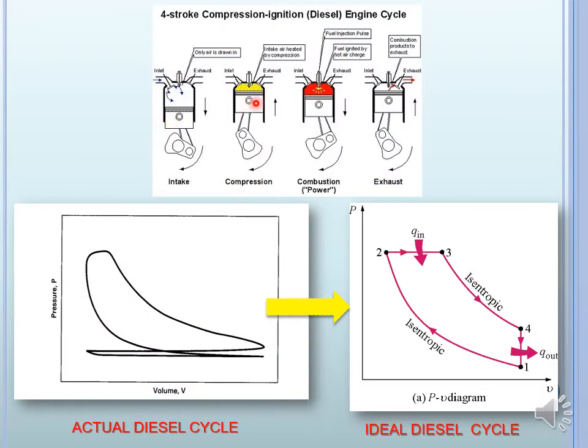Now let us see how we can interpret these 4 processes of the diesel cycle on the PV diagram.